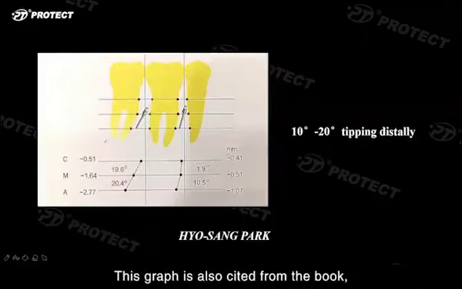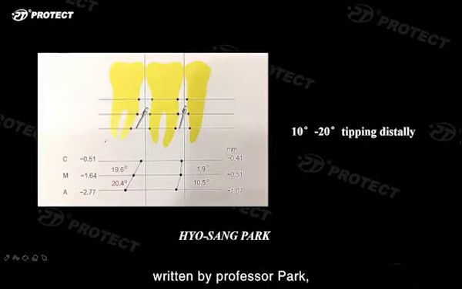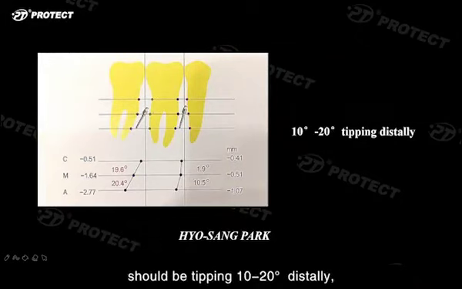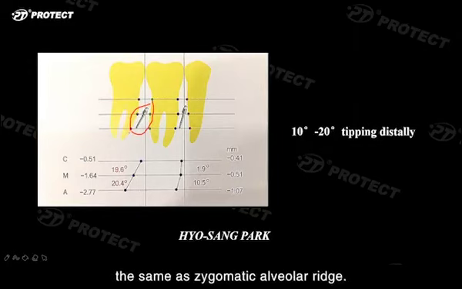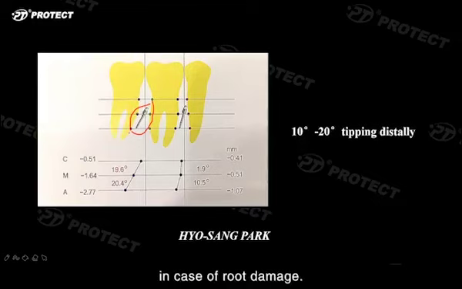This graph is also cited from a book written by Professor Park, which describes that the micro-implant should be tipped 10 to 20 degrees distally, along the shape of the root, the same as the zygomatic over the ridge, in case of root damage.